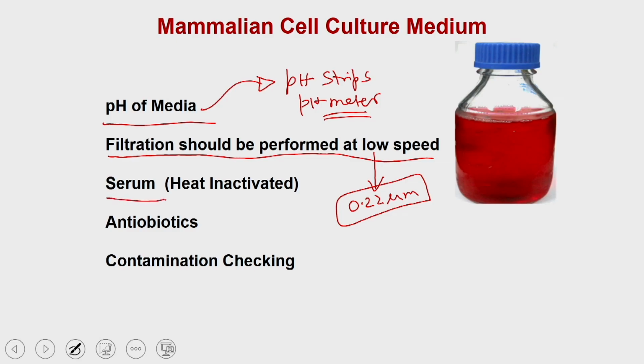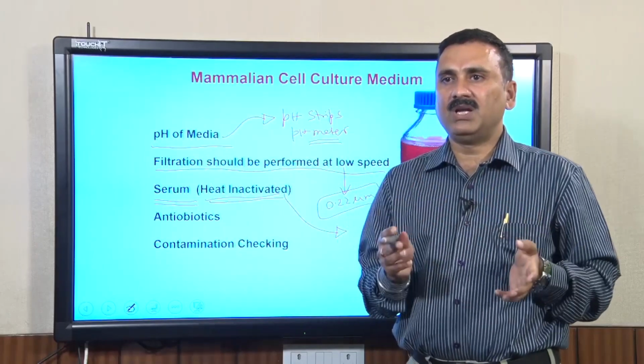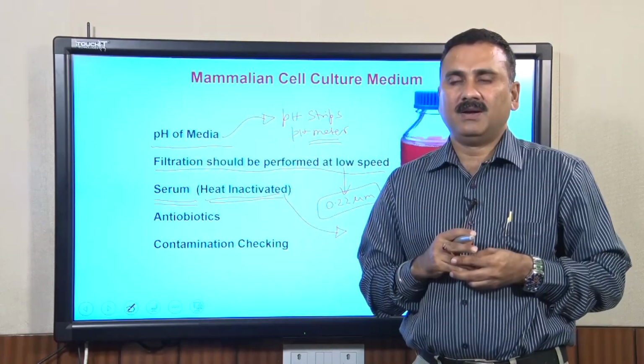Similarly, for the serum, the FBS or fetal bovine serum, you should use a heat inactivated serum. Heat inactivated serum is important because you do not want to add immunologically active molecules. You have to remove the complements as well as the other immuno agents, so that they do not destroy your cells, because every organism has some immunity for a particular set of cells.